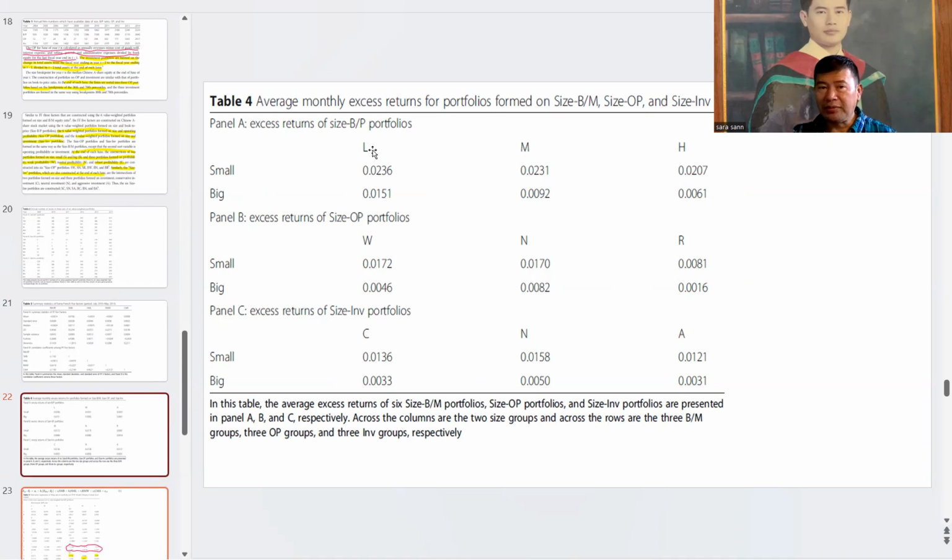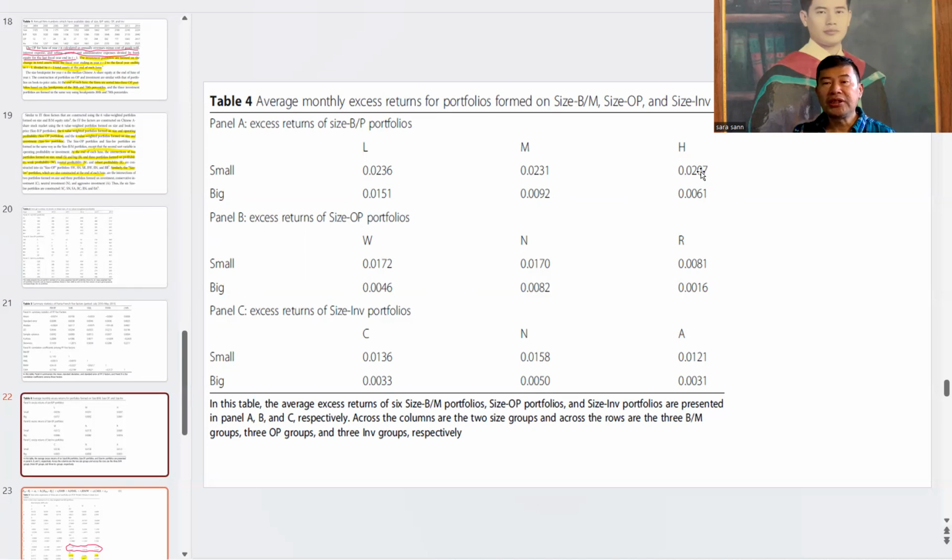How to read this table? The excess return of the small size to low book to market ratio equals 2.3%. The small size to medium book to market ratio, 2.3. The small size to high book to market ratio, 2%.